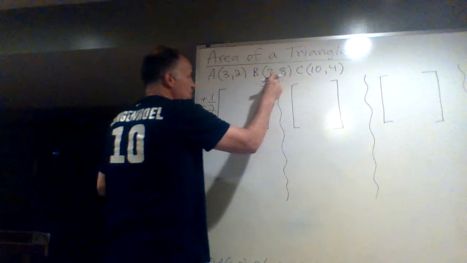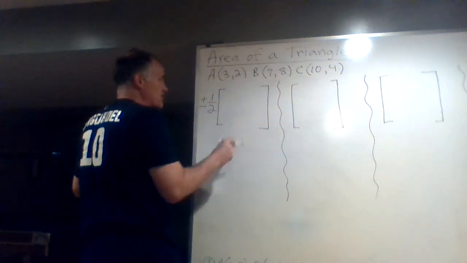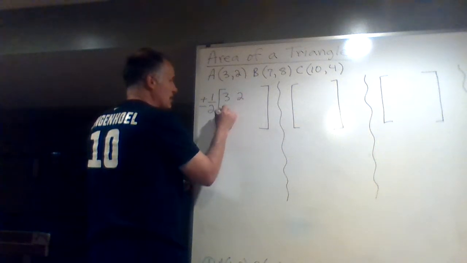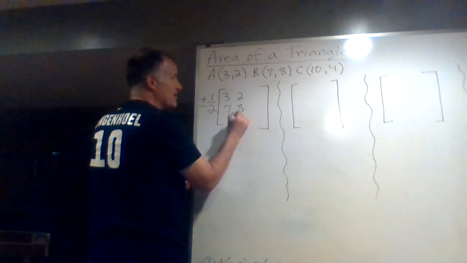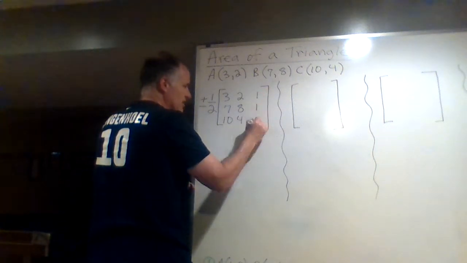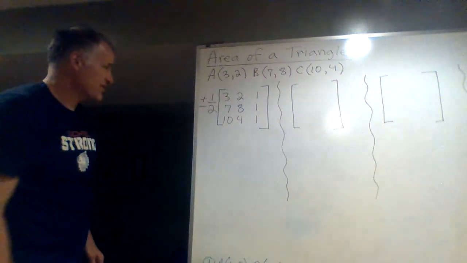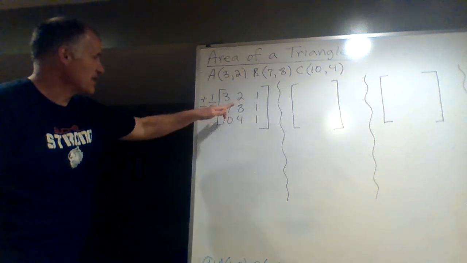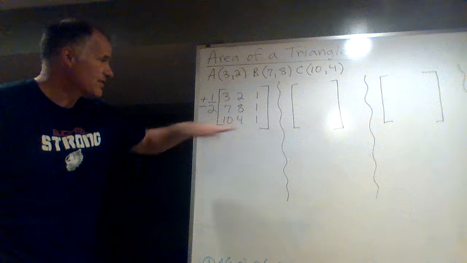And then remember, each of these vertex points go into the matrix. So 3, 2, 7, 8, 10, 4. And then remember, the last column is all ones. So again, 3, 2, 7, 8, 10, 4, and ones.